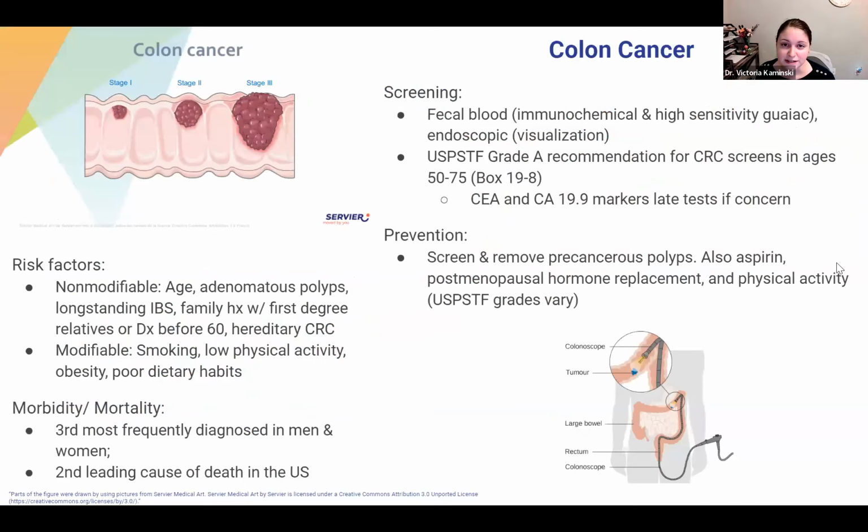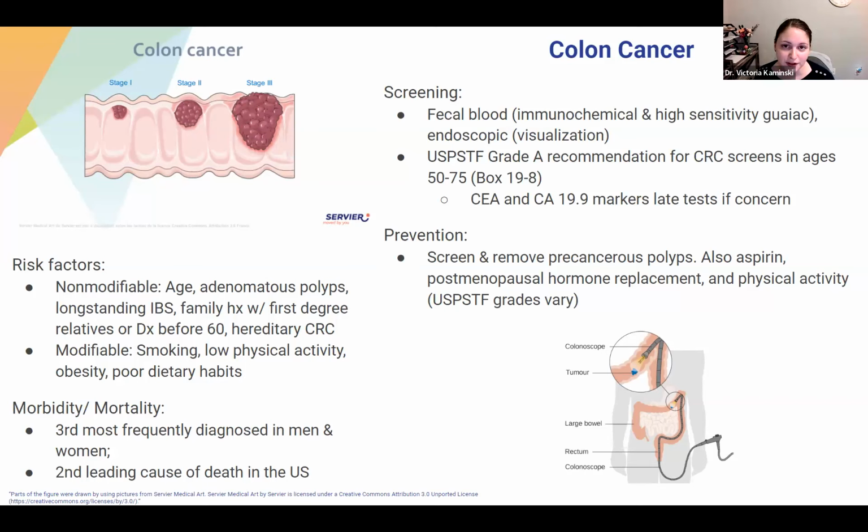Other things to consider, especially with the amount of intra-abdominal organs that we are dealing with, is potential for colon cancer. So there are screenings, there is prevention, there are risk factors we need to talk about, as well as morbidity and mortality. But essentially, knowing the patient's risk of family history is one of the most pivotal things that we can do.